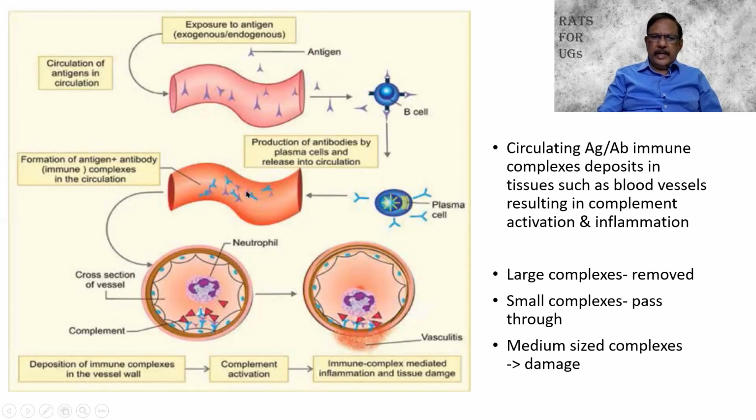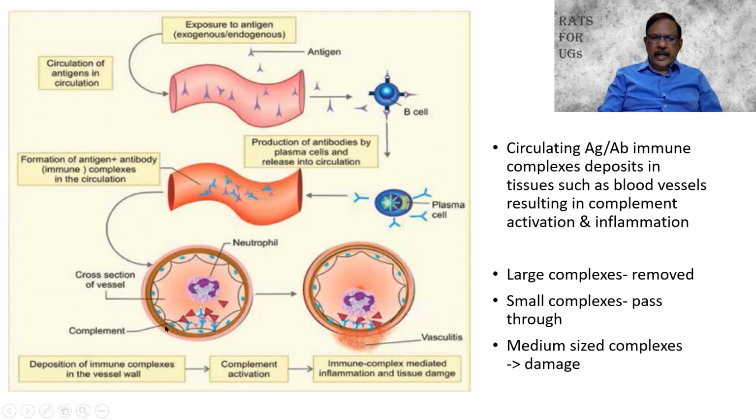This triangle and the Y together form a complex. Antigen and antibody together form a complex which is called an immune complex or an antigen-antibody complex. And see, they are again continuing in the circulation.